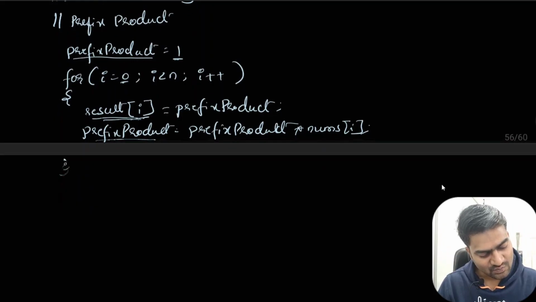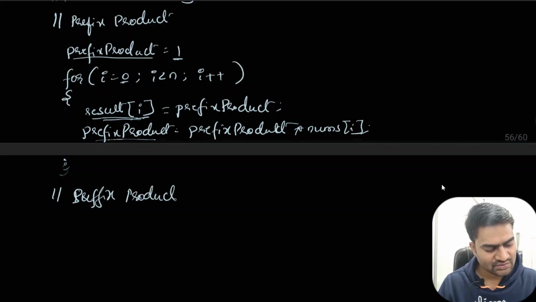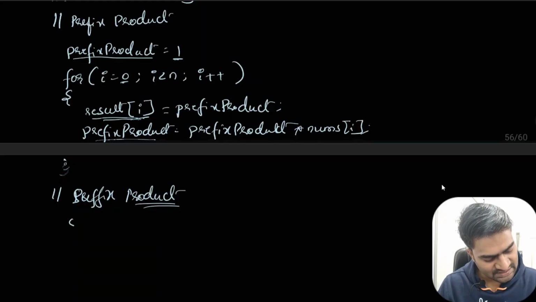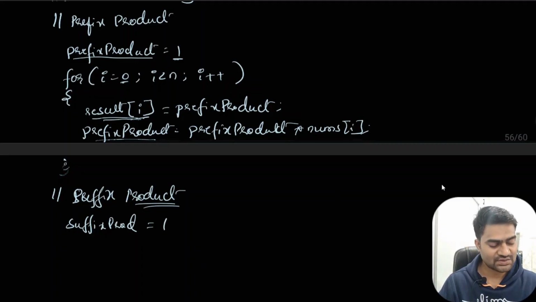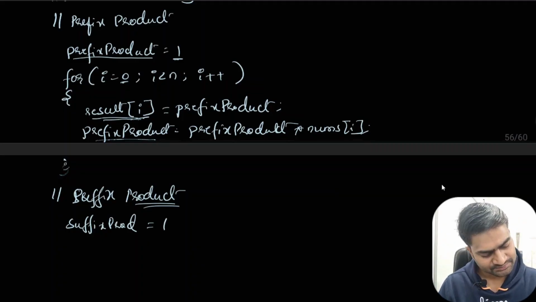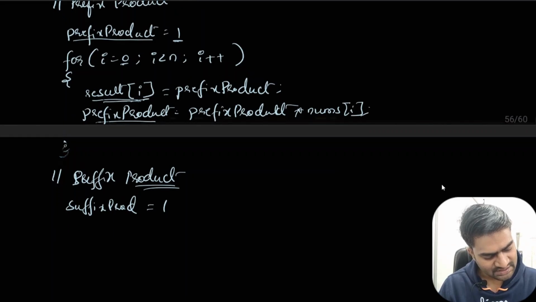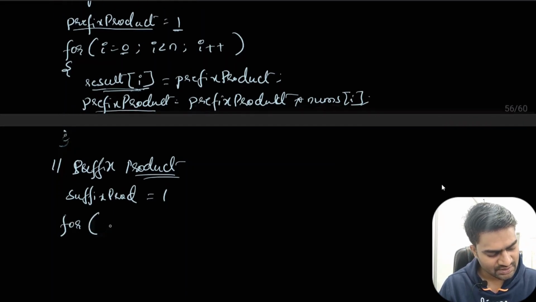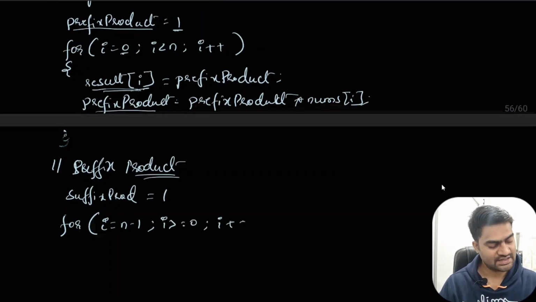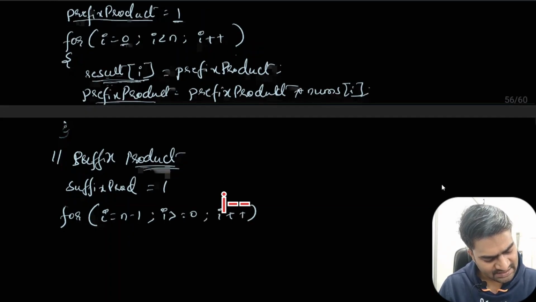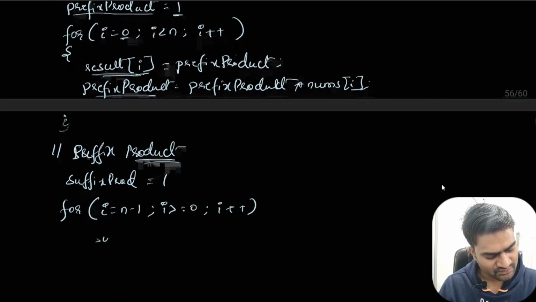Then after that we need to do the suffix product now, right? This suffix product we need to multiply with the prefix product. So I will take a variable suffix product and assign it 1. Now I will use a for loop again, i equal to n minus 1, i greater than or equal to 0, i minus minus. Now I will say result of i.